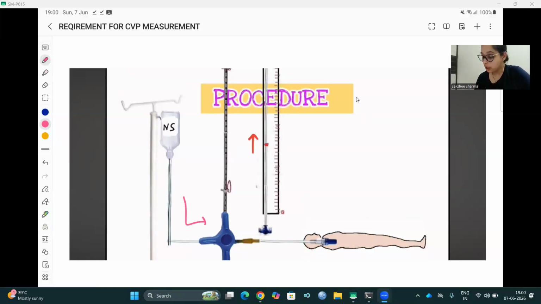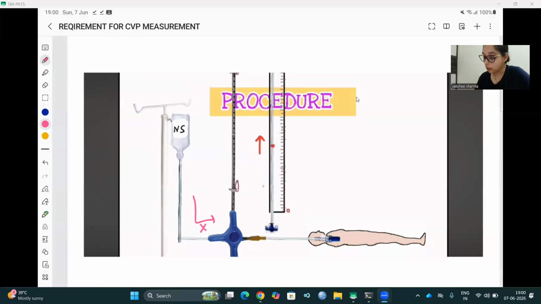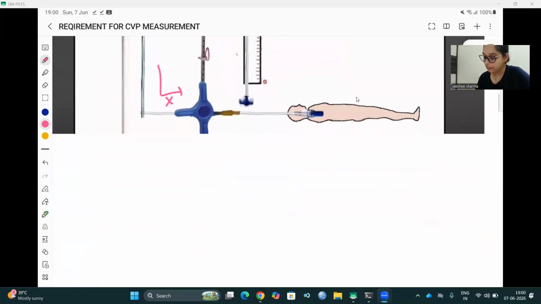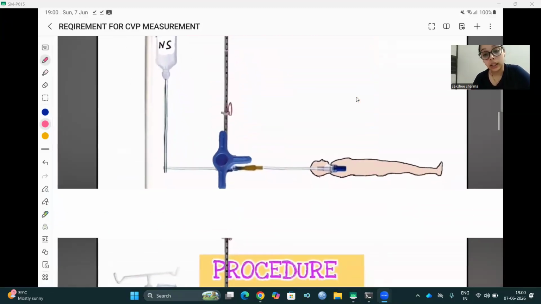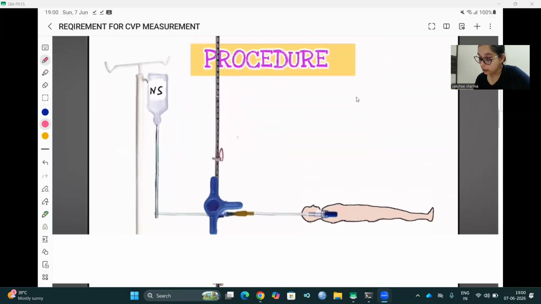Now we will turn it off and turn it on the side of the patient. Now the stopcock is on between manometer and the patient, and it is off between NS and manometer. Understood?